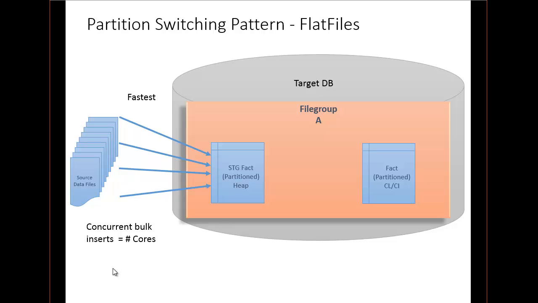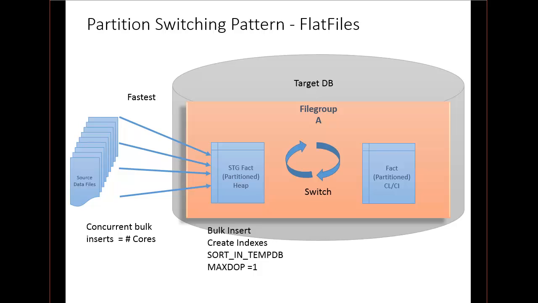And again, the basic suggestion here is your number of concurrent bulk inserts can be roughly equal to the number of cores. The same guidance applies: once you've inserted into the empty table, you can then create your indexes and continue on with the switch. And so those are two basic patterns.